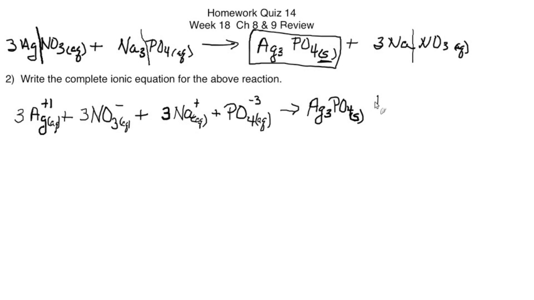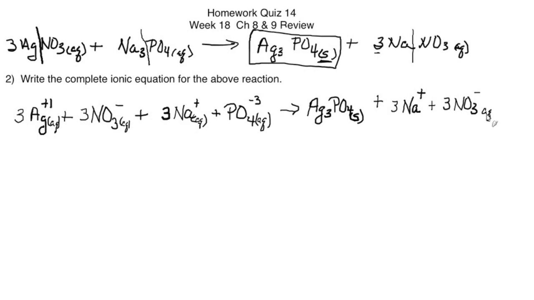And then we have the sodium nitrate, which is aqueous, which means that we're going to have free ions in solution. Once again, we have the Na+, there are 3 of them, and the NO3-, and there are 3 of them, okay, because that coefficient 3 is in front of all of it.